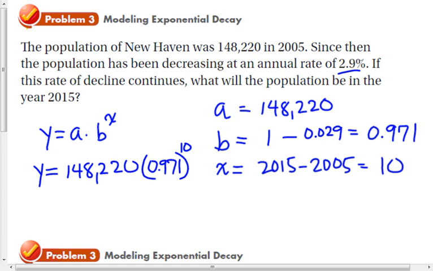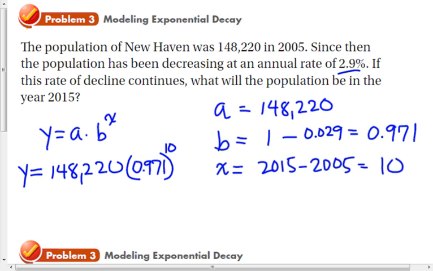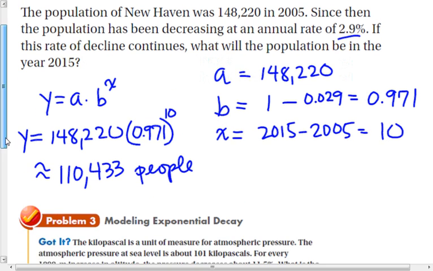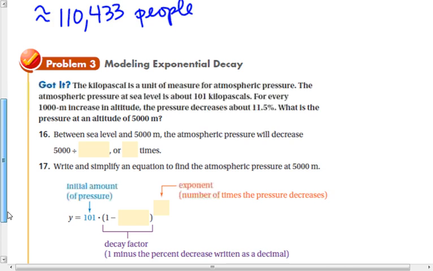All right, and if I simplify that, I get about 110,433 people. All right, you try that.